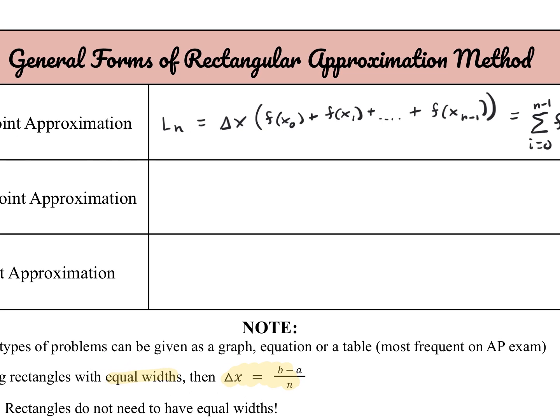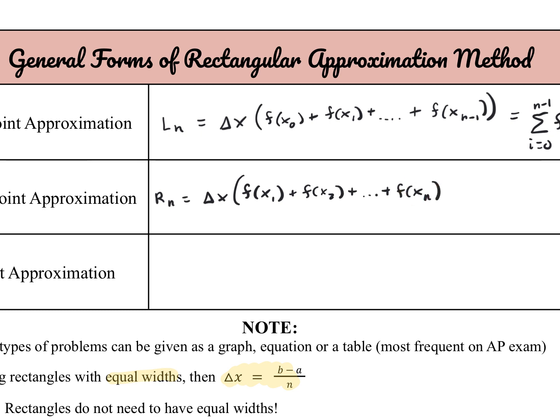Now for our right endpoint approximation, we still did delta x, but remember for this one, we started at x sub 1. Even though our interval started at 0, we start on the right side, so that's f of x sub 1, and then f of x sub 2 plus dot dot dot, and for this one we ended at f of x sub n.